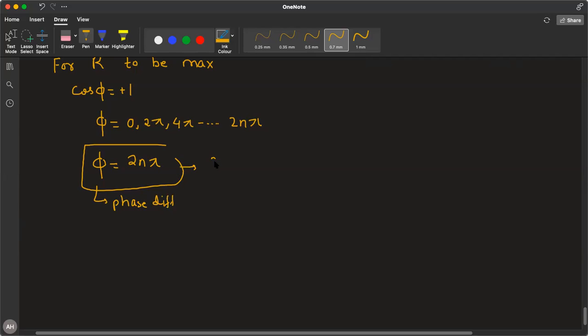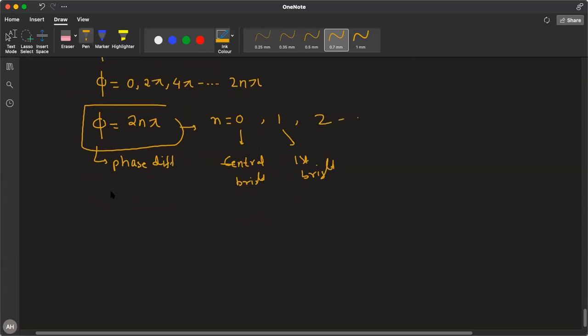Your n will start from 0. N could be 0, 1, 2. 0 means central bright fringe. N equal to 1 means first bright fringe and so on.